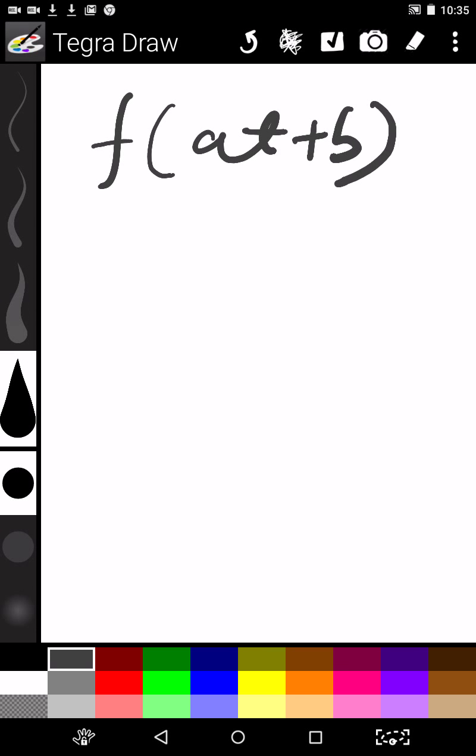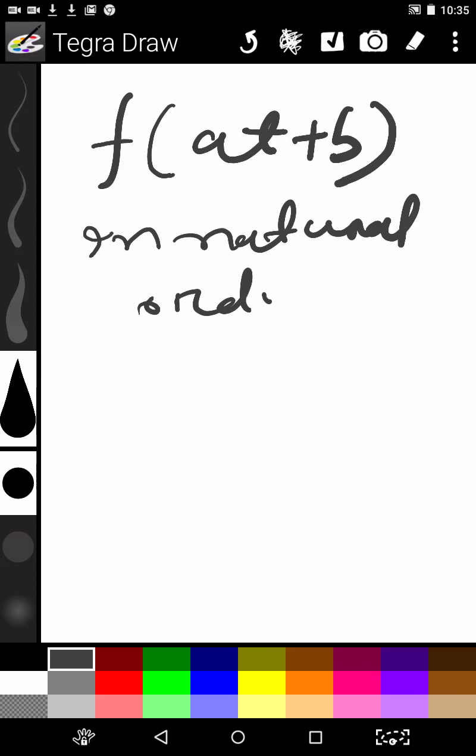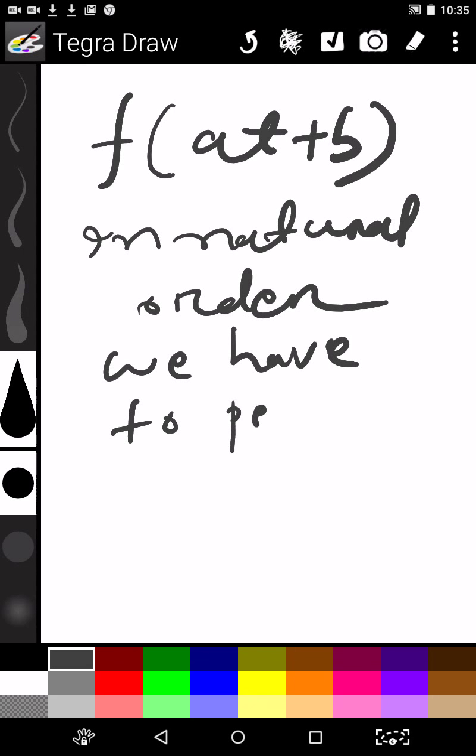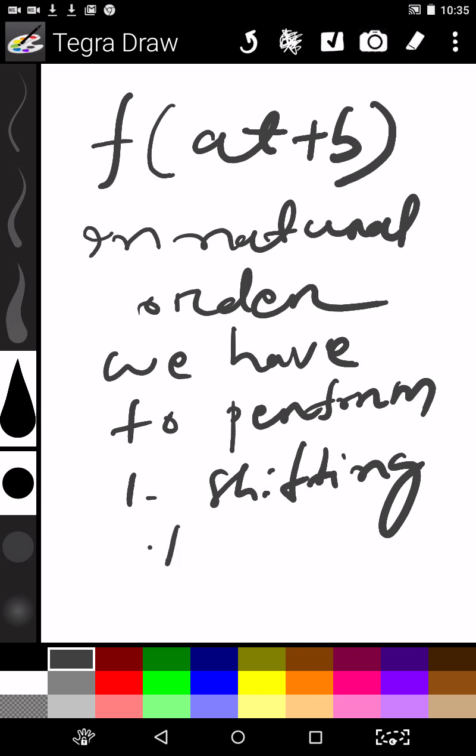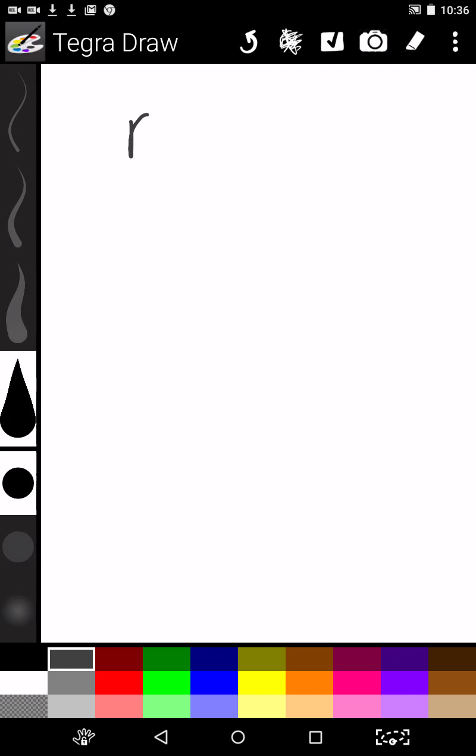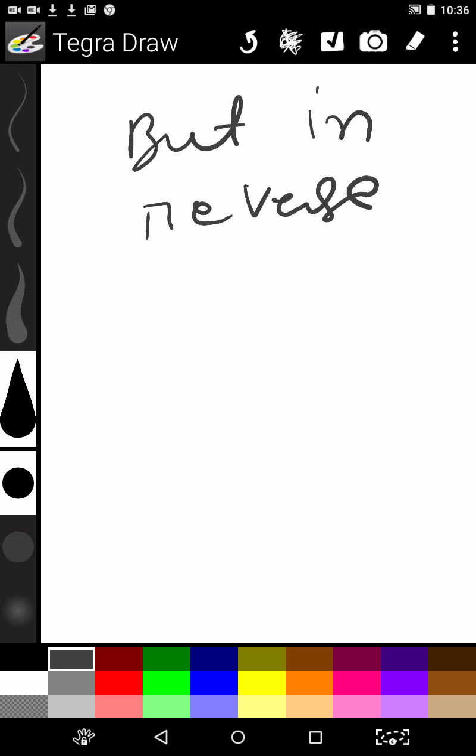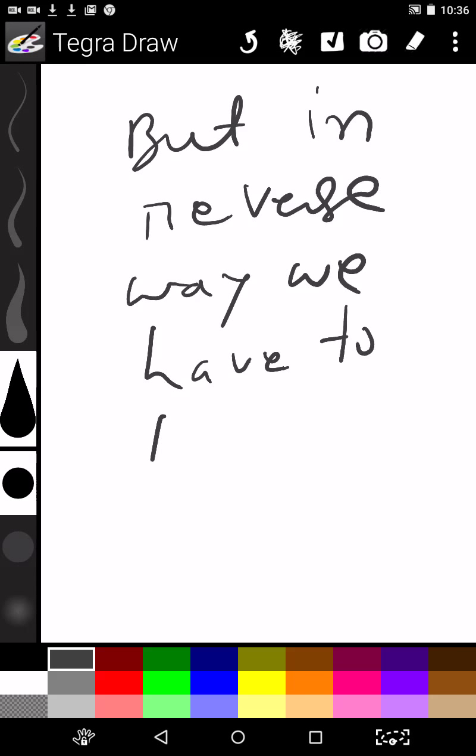In the natural order we have to perform first shifting, then scaling, but in the reverse way we have to take some precaution.